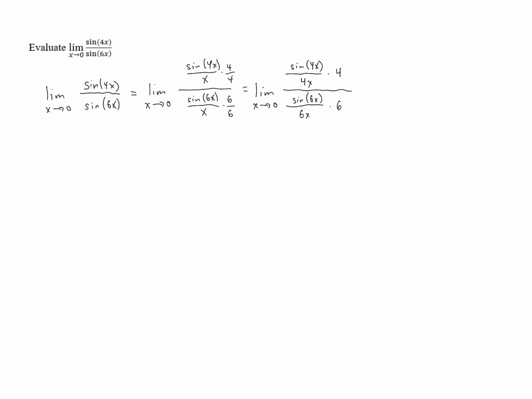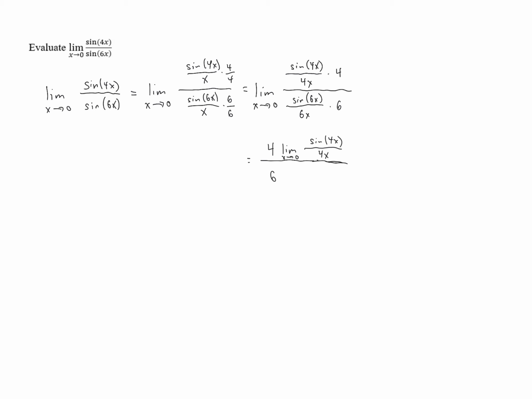This is going to be 4 times the limit as x approaches 0 of sine of 4x over 4x, all over 6 times the limit as x approaches 0 of sine of 6x over 6x.